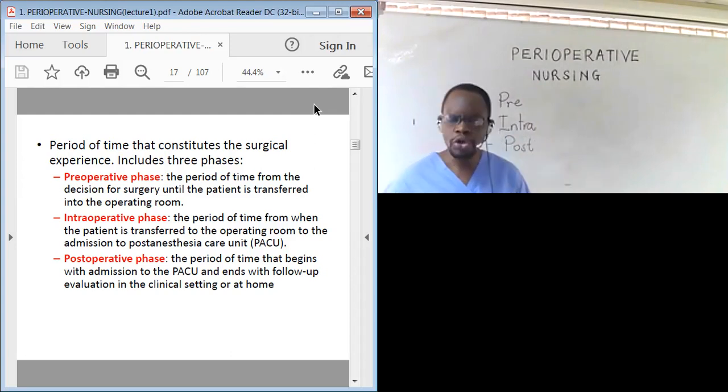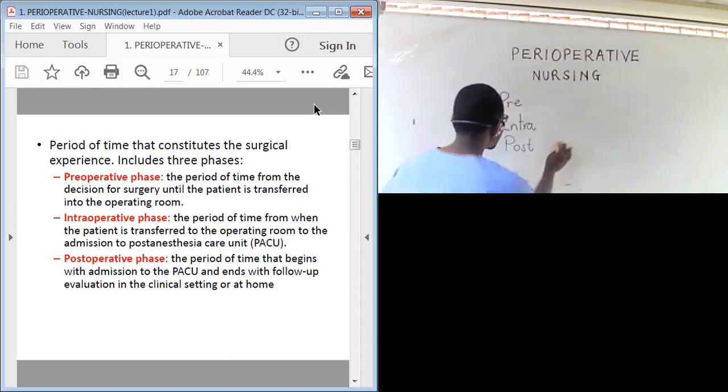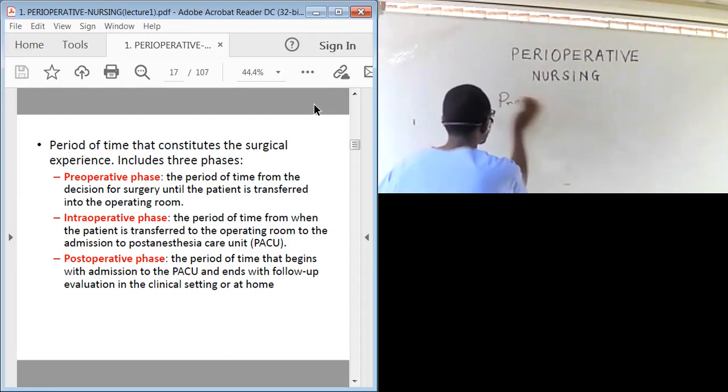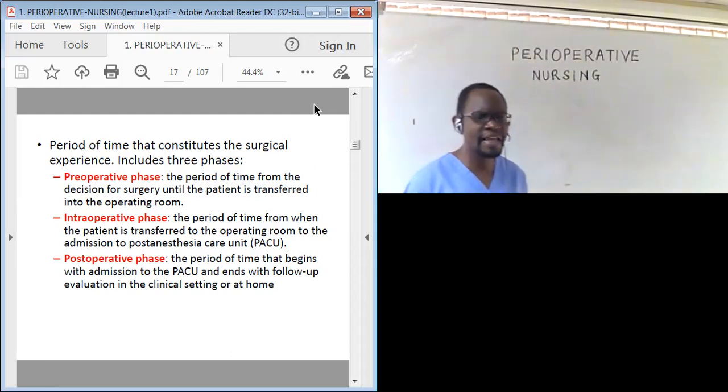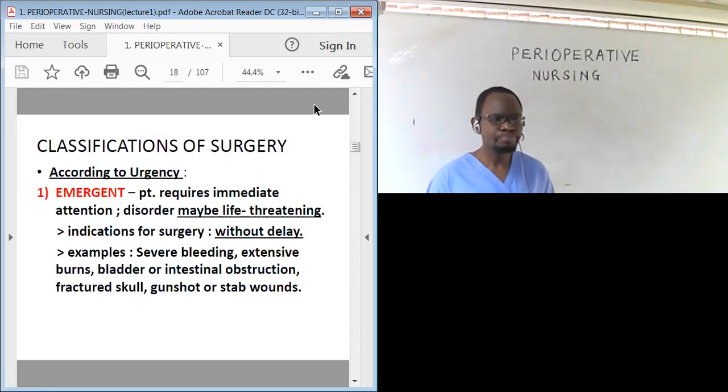So we are going to look at one by one to see what actually happens in each phase. What is the role of a nurse in each phase? And who are the different other players in each phase? So we're going to look at one by one.